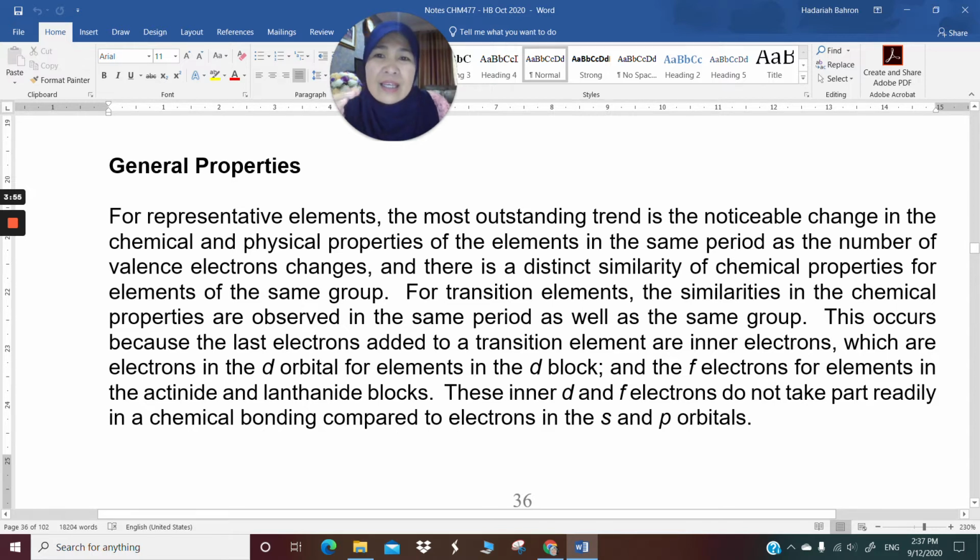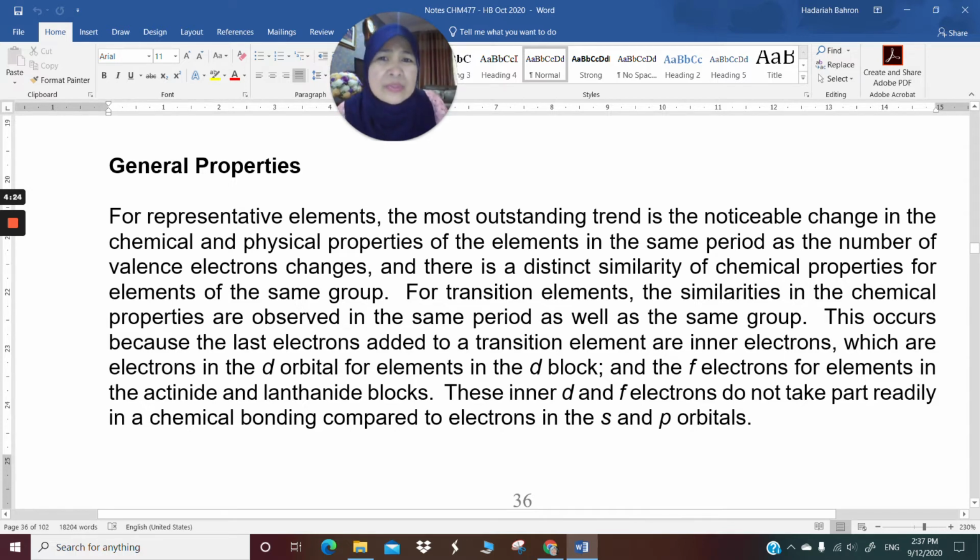As the number of valence electrons changes, that means it moves from the left of the periodic table to the right of the periodic table. You have an increasing value of atomic number, meaning that there is an increasing number of electrons as you move along from the left to the right of the periodic table, and that is the same in the transition elements.